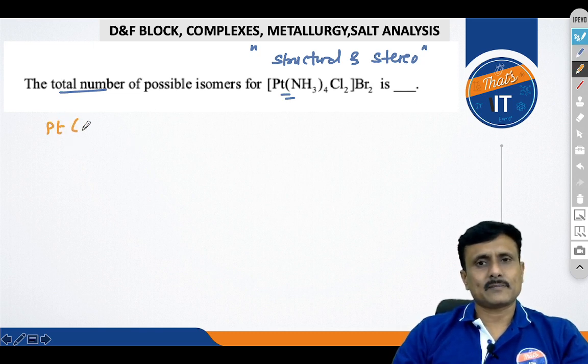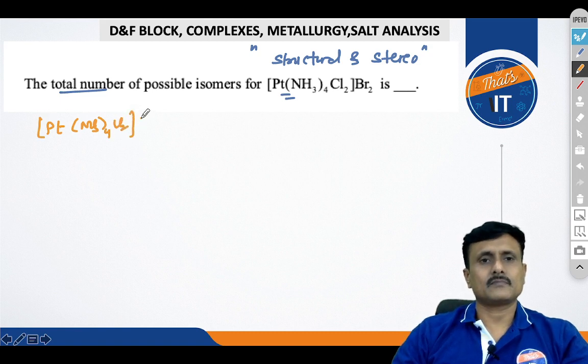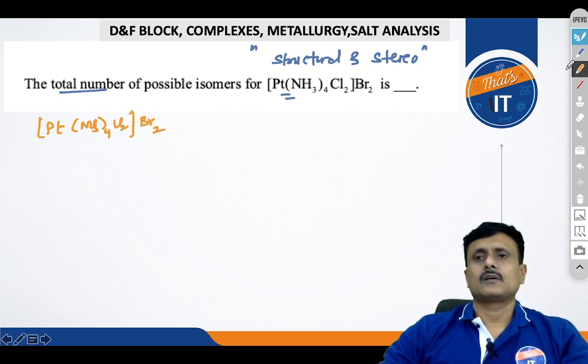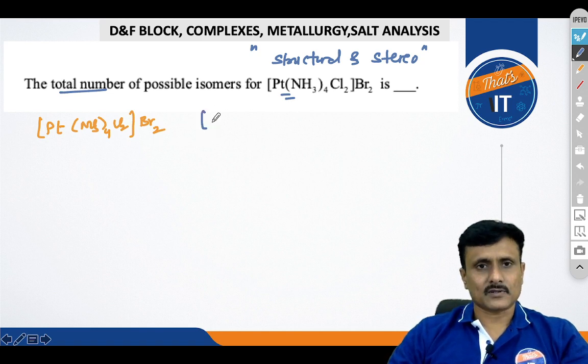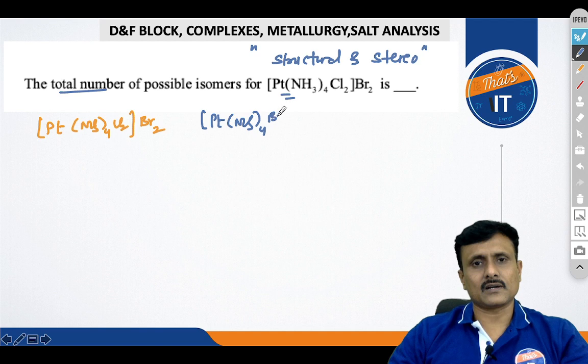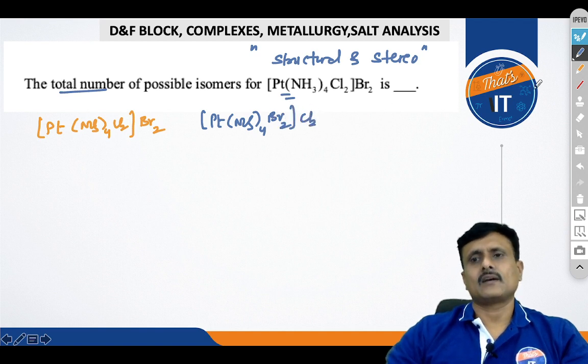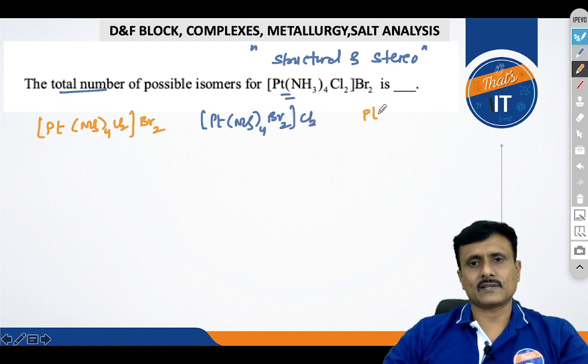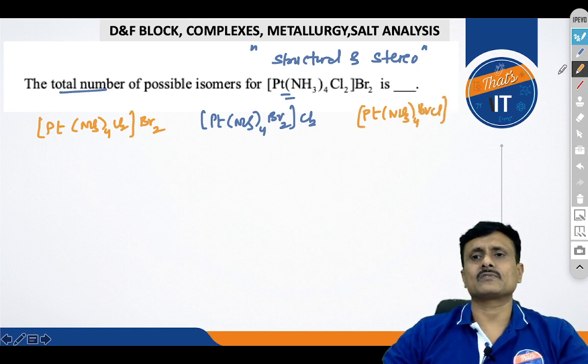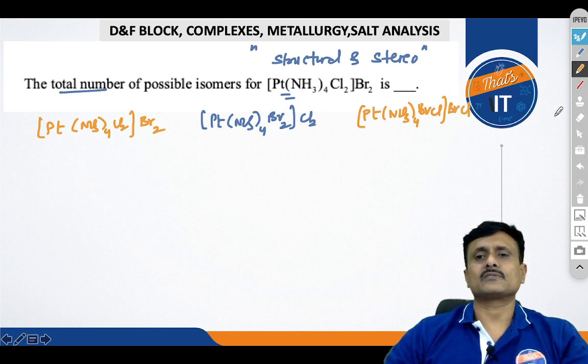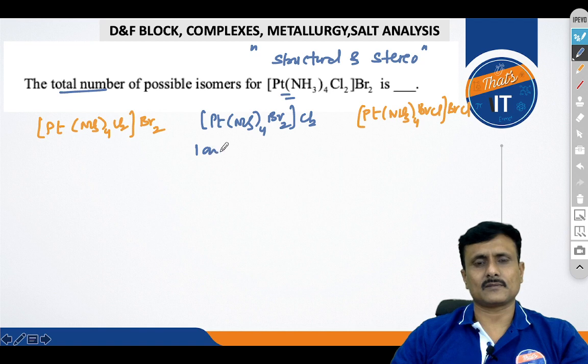You are going to write [Pt(NH3)4]Cl2Br2. Since ionization is possible, you can write [Pt(NH3)4]Br2 with Cl2 outside. And there is another possibility that you can keep one chlorine inside, one bromine inside, and the other two outside. So you'll be getting Br and Cl outside. So these are the ionization isomers possible.